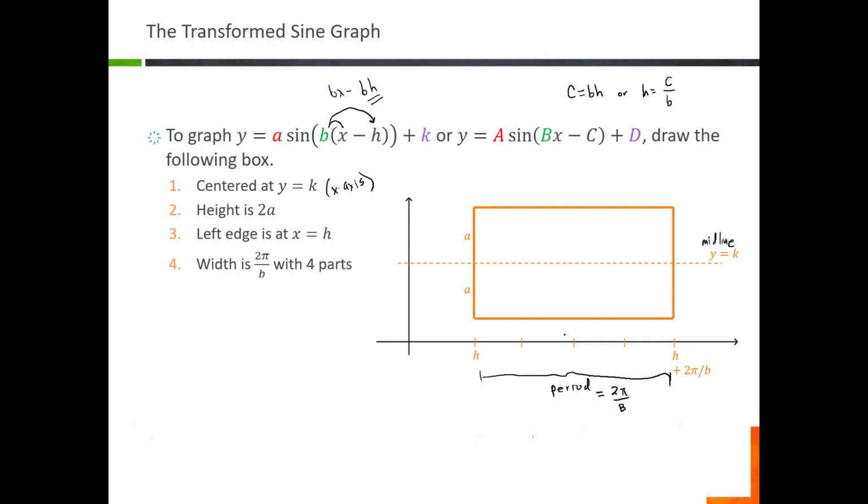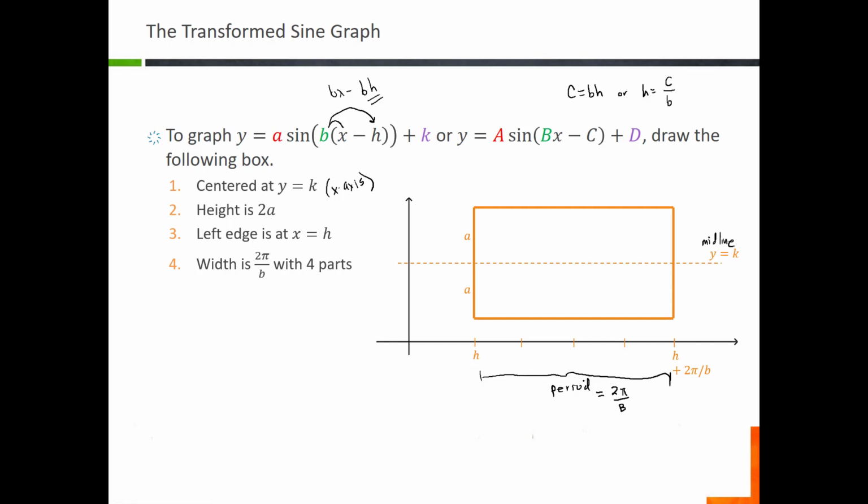Well, if there are 4 little parts, how many tick marks are there? 1, 2, 3, 4, 5. Why is that important? Remember we had our 5 points, and they're all evenly spaced. By knowing where those 5 tick marks are, I know where the middle of the graph is going to be. I know where the left and the right edge are, and I even know where the maximum and the minimum for sine are going to be.